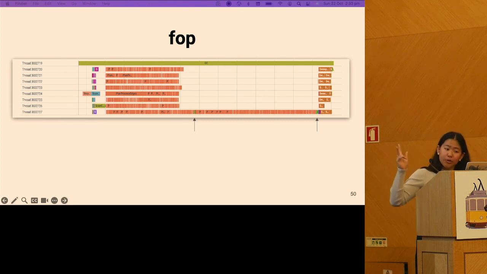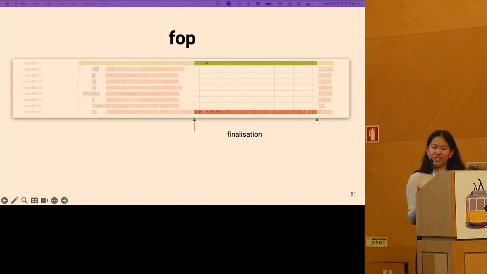The 2 arrows indicate when buckets are being opened, and we can do that using our bucket opening trace point. We can see that we've basically got one thread executing a bunch of work packets in some sort of linked list situation. It doesn't look parallelizable, and it's all in one bucket. And so we annotate that, and it's finalization. So by using tracing, it's now abundantly clear that the source of the poor scalability in this benchmark is serial execution of finalization.